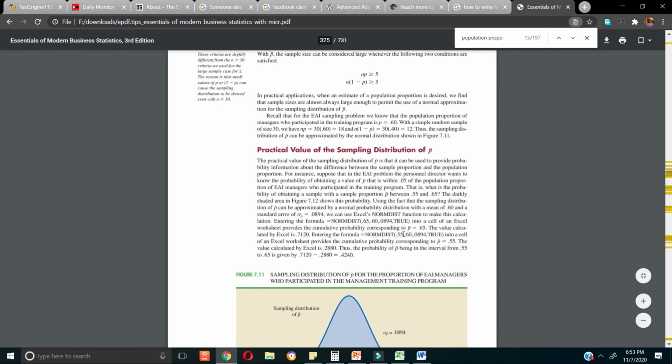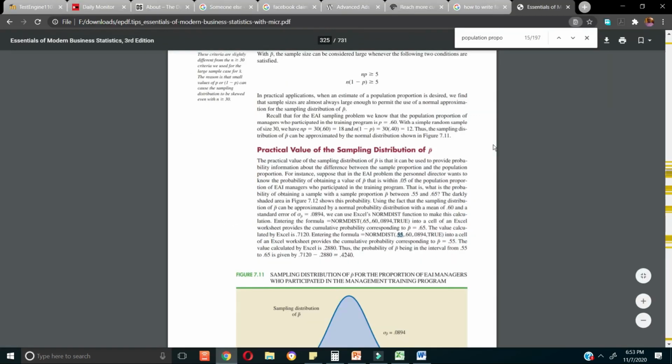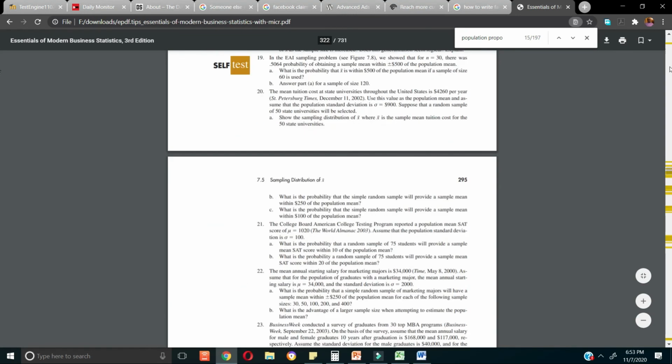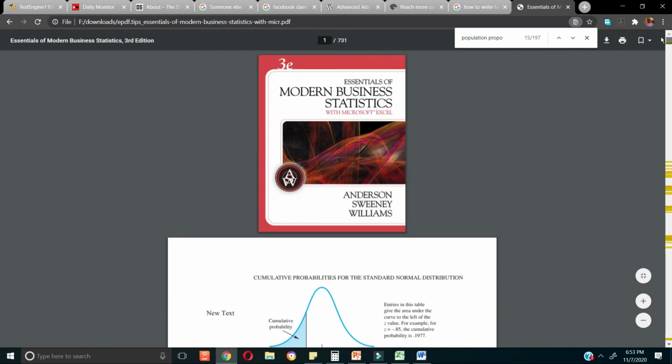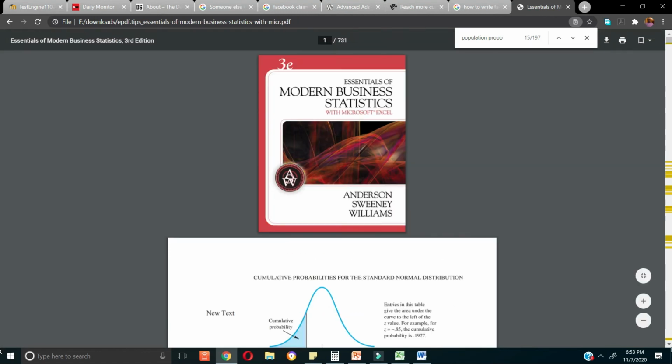This is a bit low, because we actually had 0.559. I used 0.56, so the difference is coming from the rounding, because this table is to two decimal places.